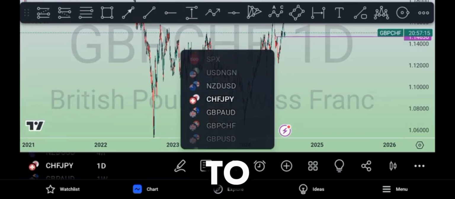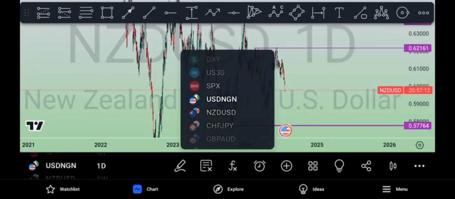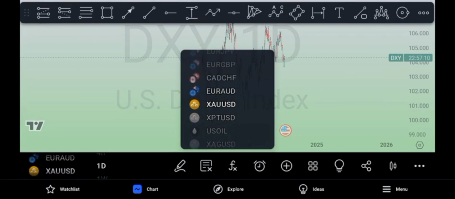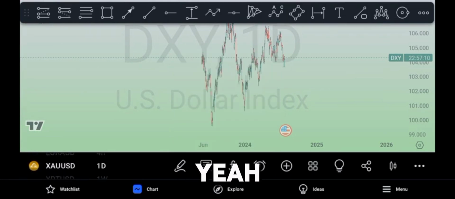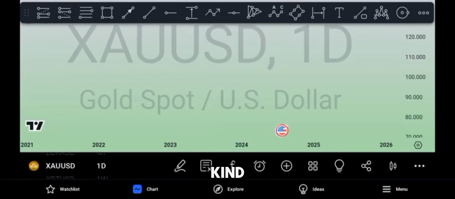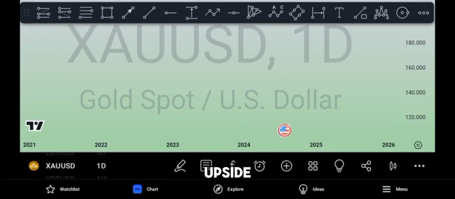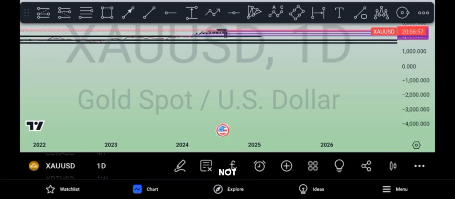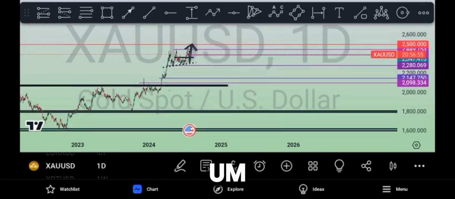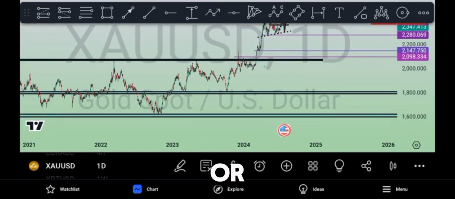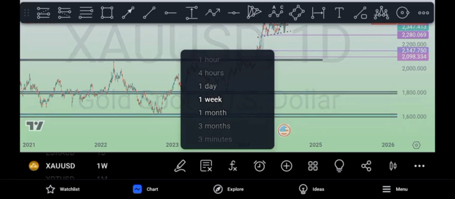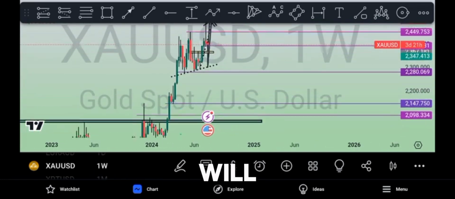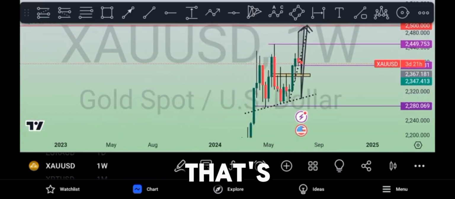Now let us go to gold. Gold has been giving us some crazy moves to the upside lately, and it has not actually given us any decent pullback. But I will be really grateful if that happens.